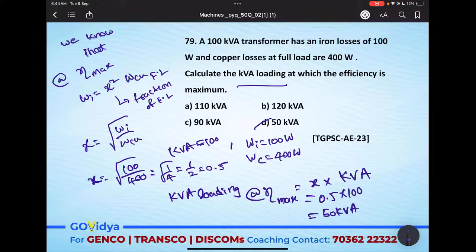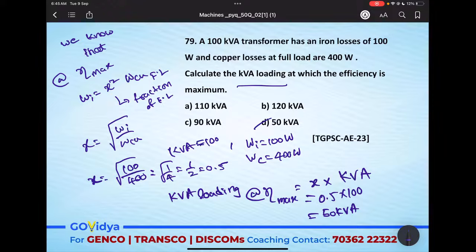Is it clear? If you understand the condition of maximum efficiency, iron losses are equal to the copper losses. But copper losses vary with the load, so we need to consider the fraction x. In general, iron losses Wi is equal to x square into full load copper losses, so from that we can calculate x.